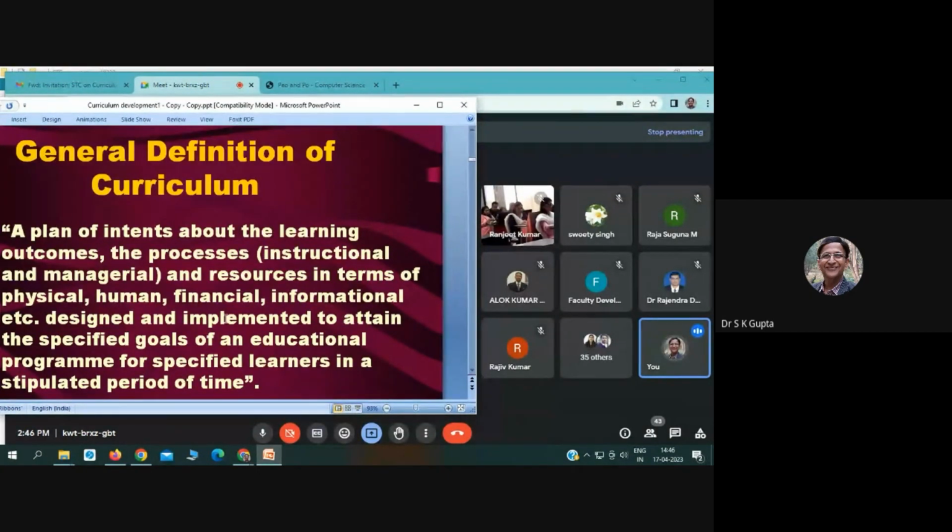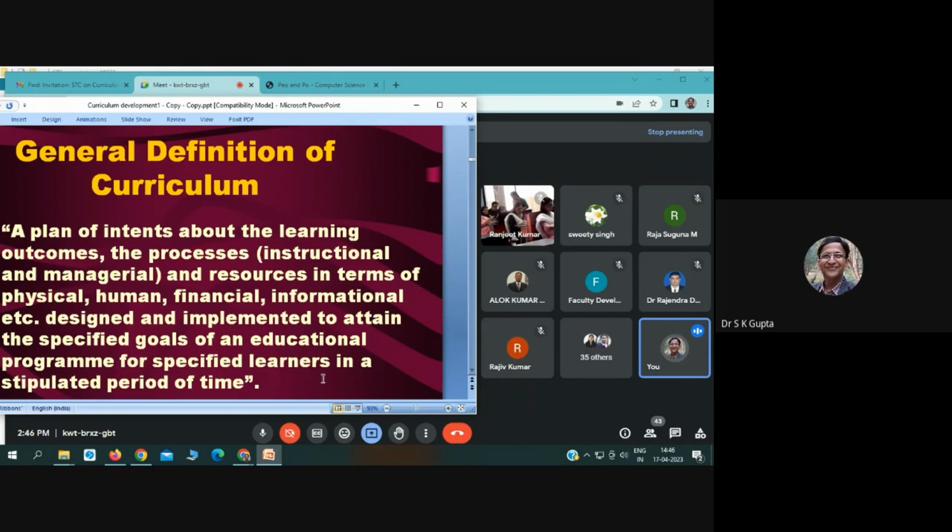Designed and implemented to attain the specified goals of an education program. We again say that we want to attain our specified educational objectives of an educational program for specified learners in a stipulated period of time.